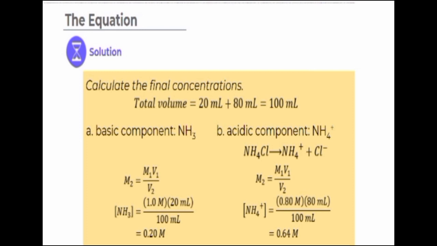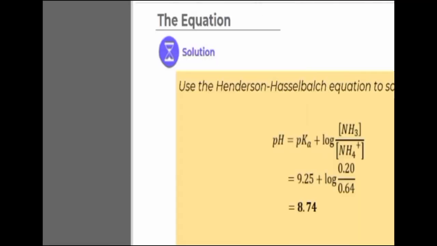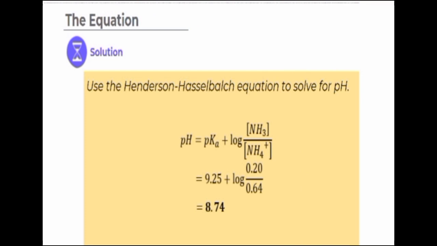Thus, we have 0.20 molar for ammonia and 0.64 molar for the ammonium ion. Use the Henderson-Hasselbalch equation to solve for pH. Substituting the value of the pKa and the concentration of ammonia and ammonium, we obtain pH equals 8.74.